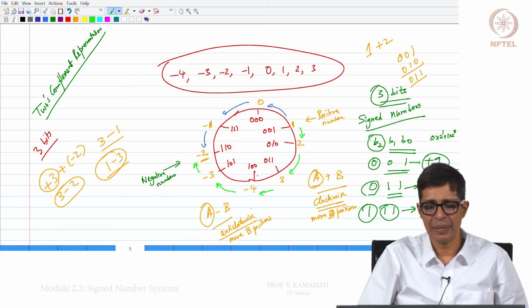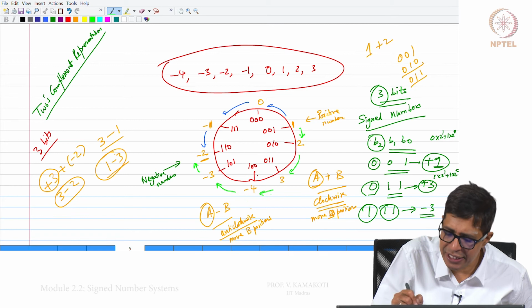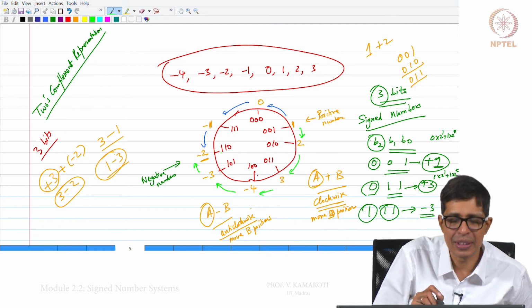Now, you understand. So, instead of moving anti-clockwise, I can move 5 steps clockwise and I get the same.